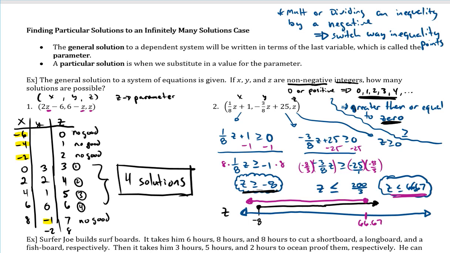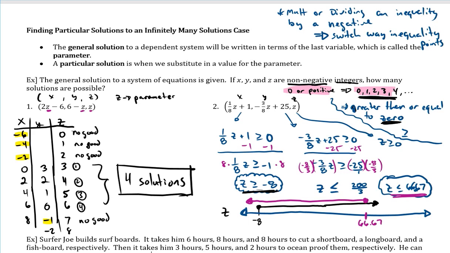Okay, so we've got this number line set up, and then what we can do after that is, this is trying to condense the answer, so we're between -8 and positive 66.67. Well, we do have to make sure we go back to, let's highlight this, we need zeros or positives only.